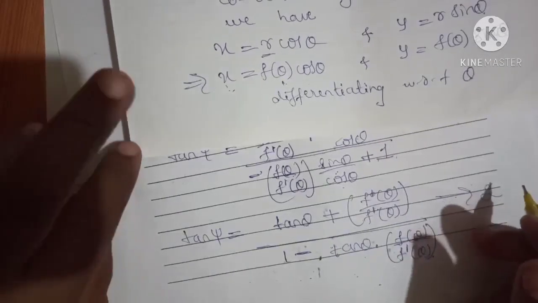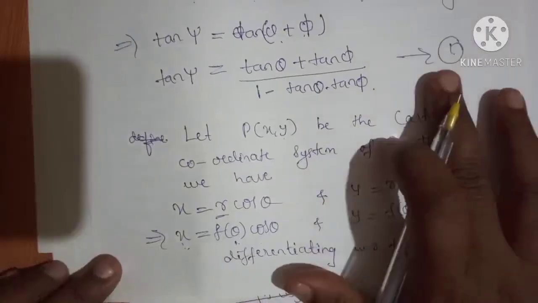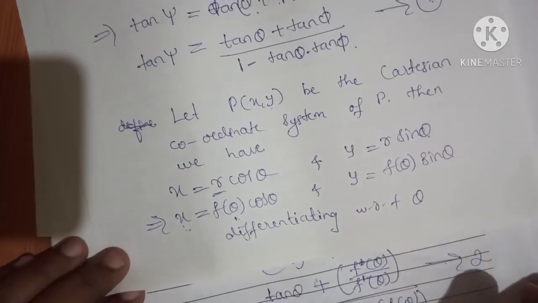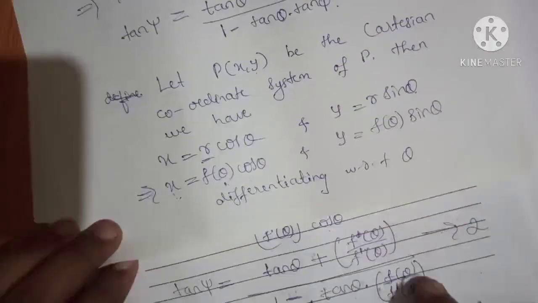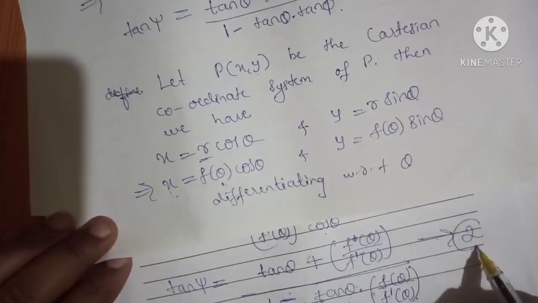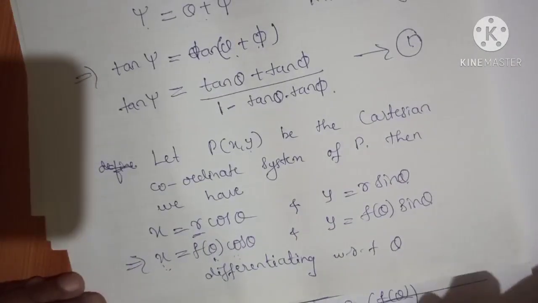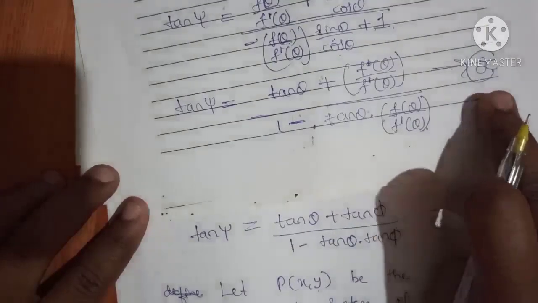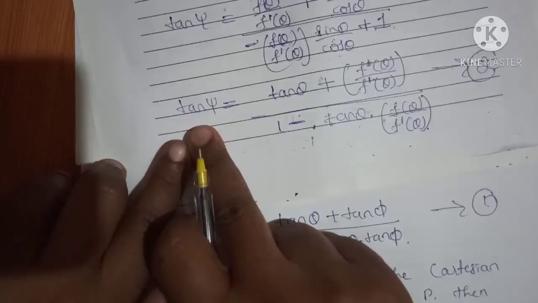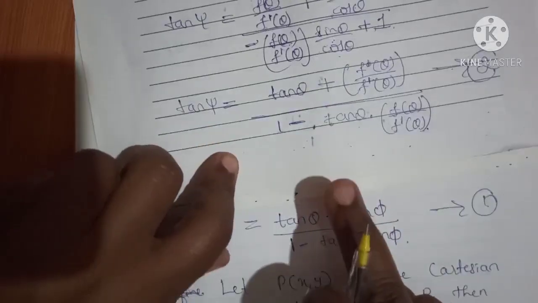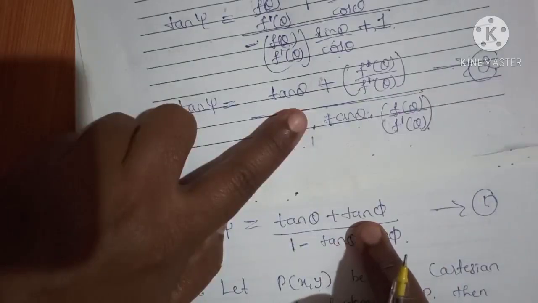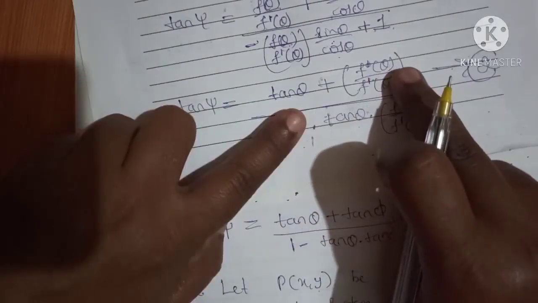Now comparing equation 1 and 2. Comparing equation 1 and 2, the LHS is the same, so equating the RHS. In the place of tan theta we have tan theta, but in the place of tan phi we have f of theta divided by f dash of theta.